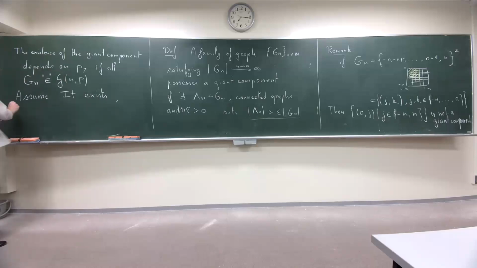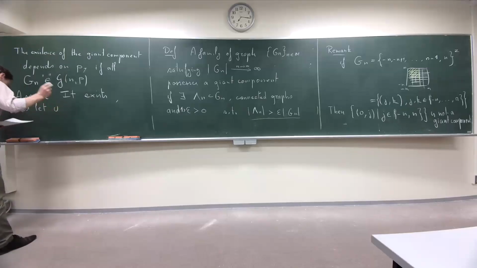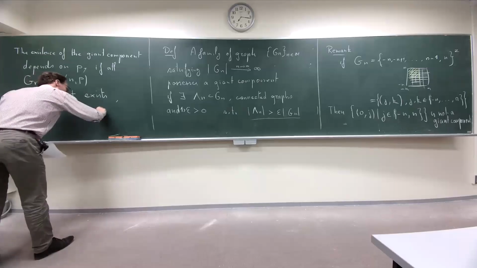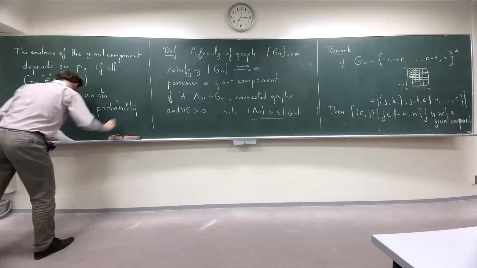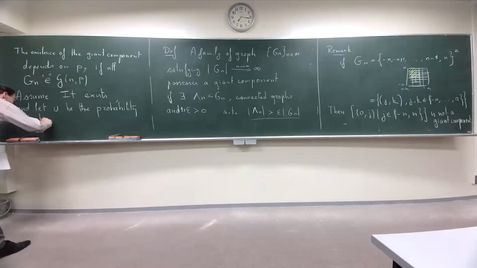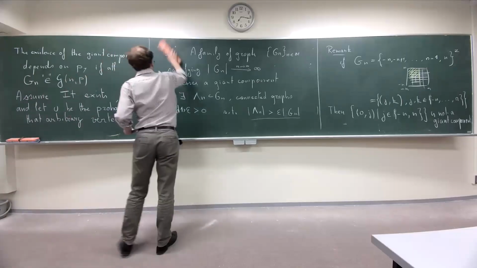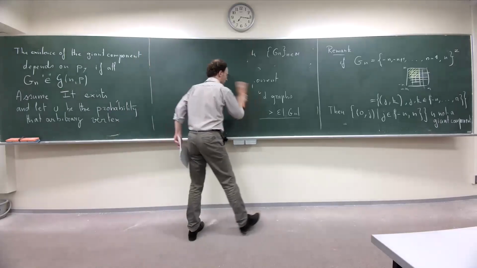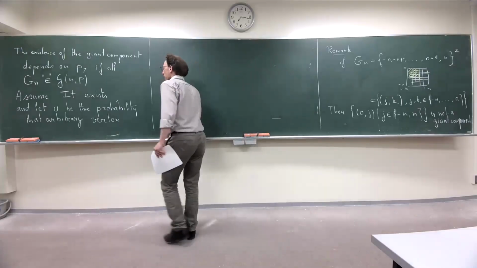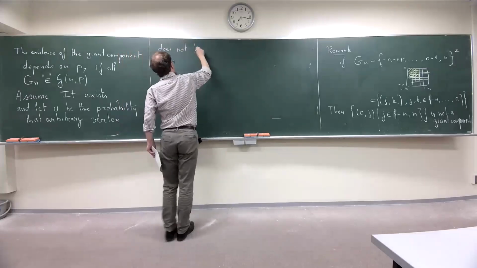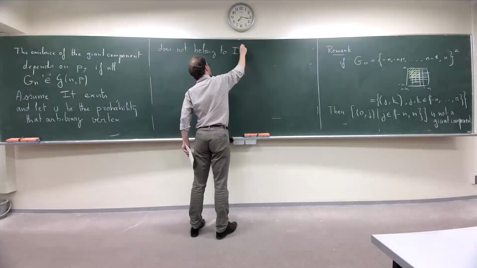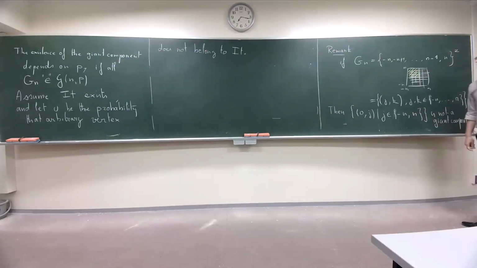Assume this giant component exists, and I define U to be the probability that an arbitrary vertex does not belong to it.